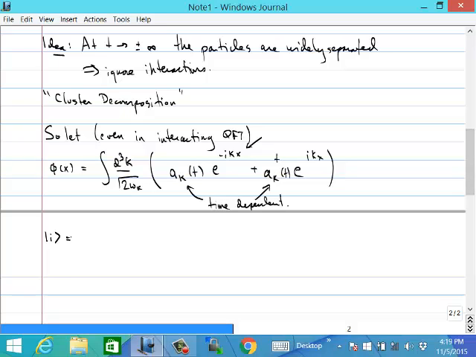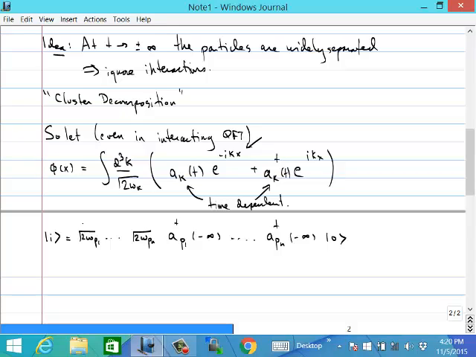So in particular, how would we write down, let's say we want to study some initial state where you have n particles with momenta p1 up to pn. How would you do that? Well, if we were in a free quantum field theory, we would just take a bunch of these raising operators and we would act them on the vacuum.